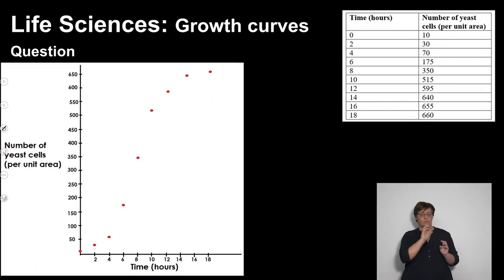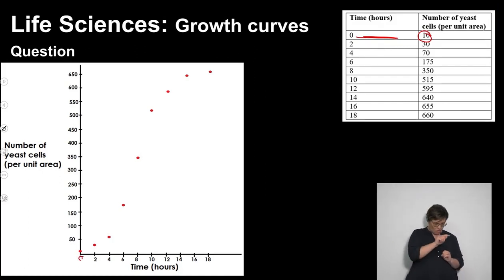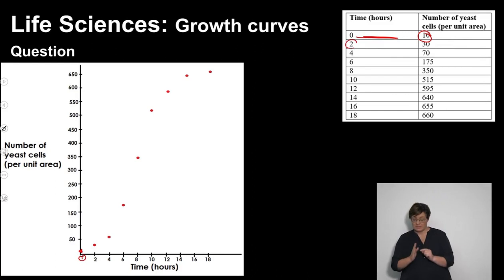Now we have to plot our points. Are you ready to plot the points? Let's go. At time 0, there were 10 yeast cells. So time 0, we've got 10 yeast cells. Plot a little pencil mark. At 2 hours, we were up at 30 yeast cells.